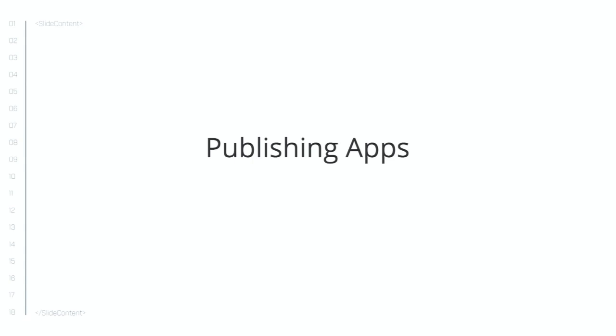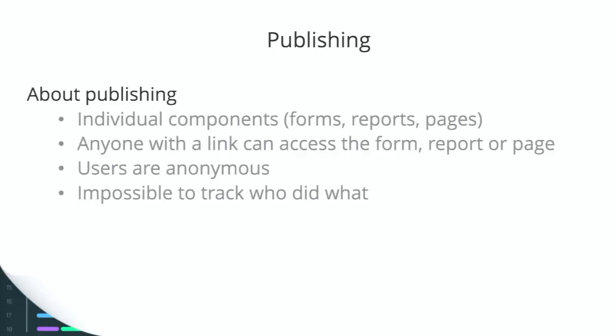Now what publishing does is that it creates a public link, like we know, and it lets anyone submit forms. So what that does is that you won't be able to track who is accessing the form, and you won't be able to control what they can do in case you're publishing a report. But in the case of a registration form that you published in the morning, that doesn't matter.